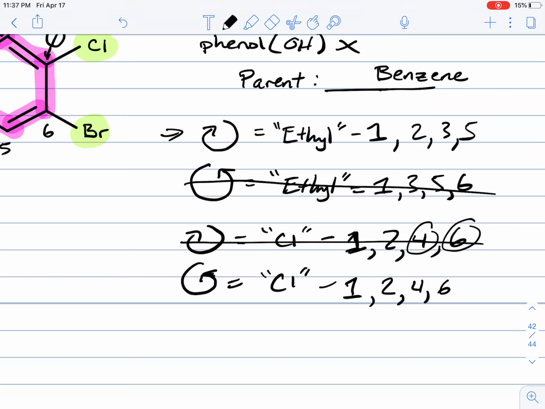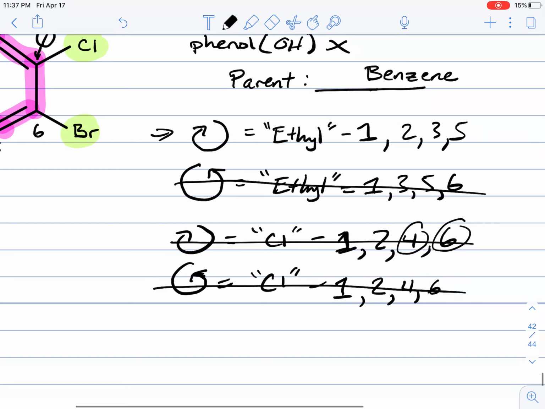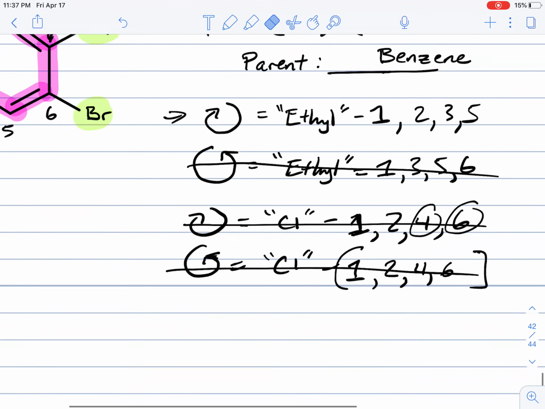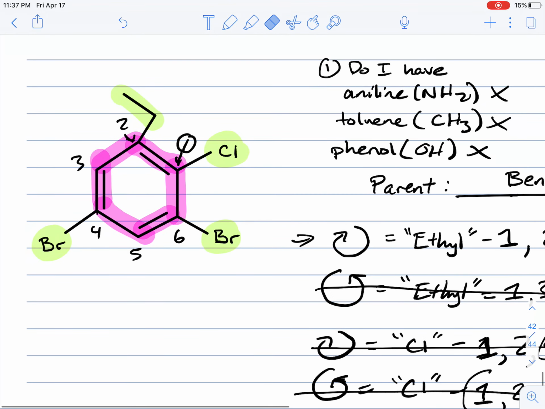And so if I go counterclockwise, it looks like I get a higher set. And that is this combination that I just crossed out is lower than this set that we originally had. Okay, all right, so we're going to go ahead and erase that and continue on with the next substituent.